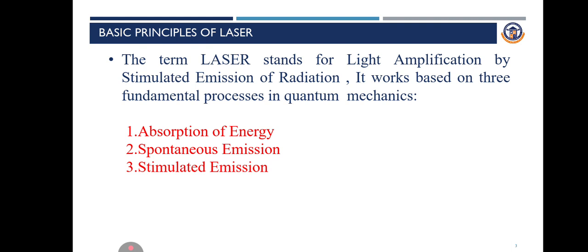So coming to quantum mechanics, the three major processes are the absorption of energy, spontaneous emission, and stimulated emission. The first one is the absorption of energy, the fundamental absorption: the interaction of a photon with an electron in the valence band, resulting in an electron-hole pair.